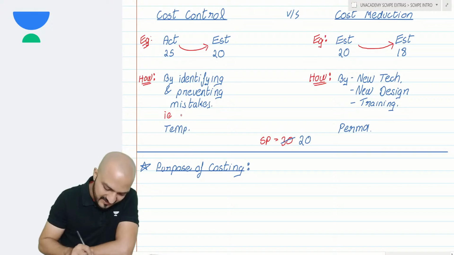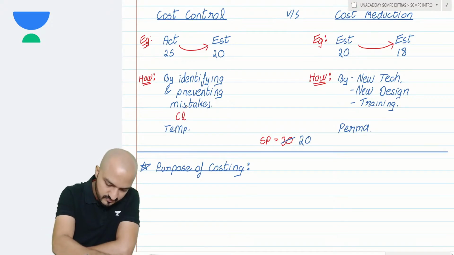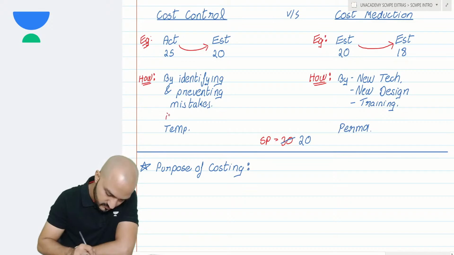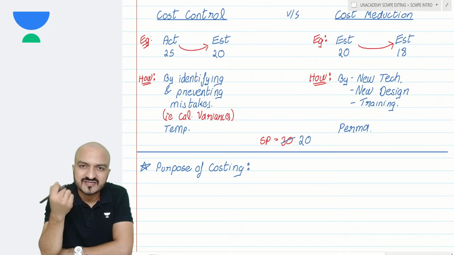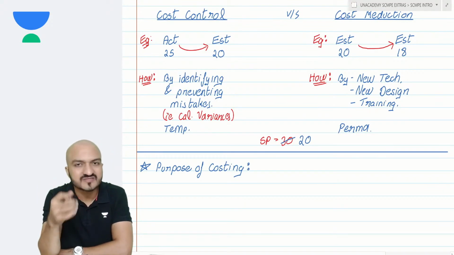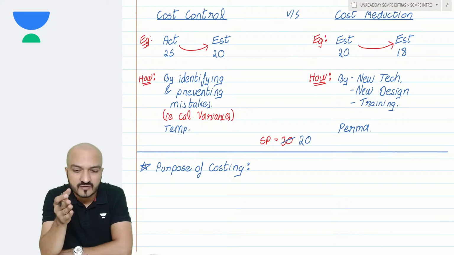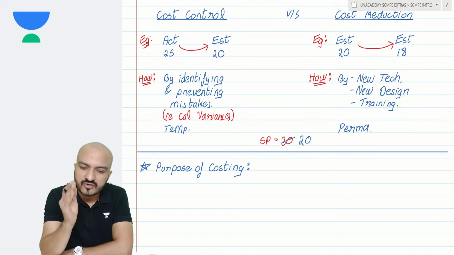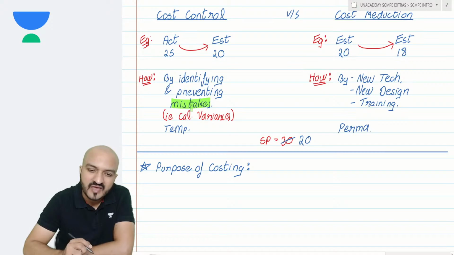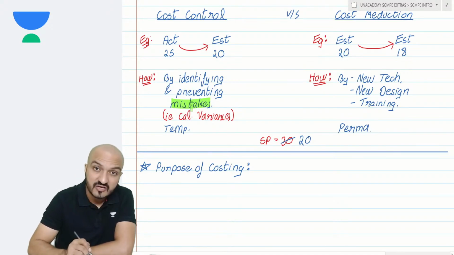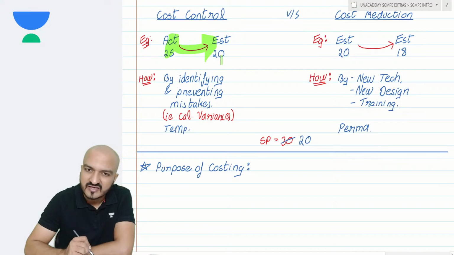Well, you can do that by calculating variances: cost variance, revenue variances, material price variance, material usage variance, every single variance that you have learned in the standard costing chapter is an example of mistakes. And that mistake will happen only when actual is different from estimate.